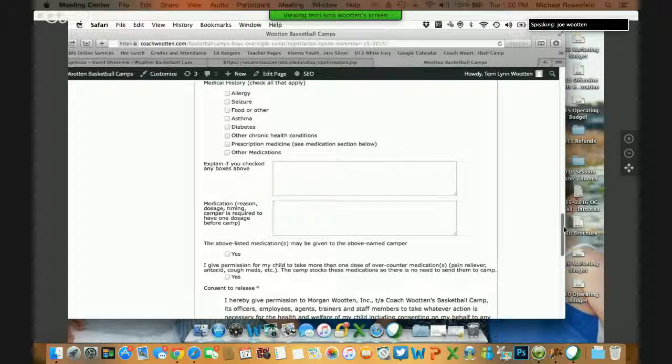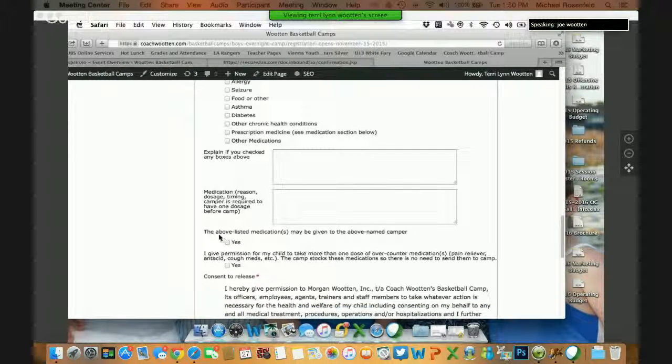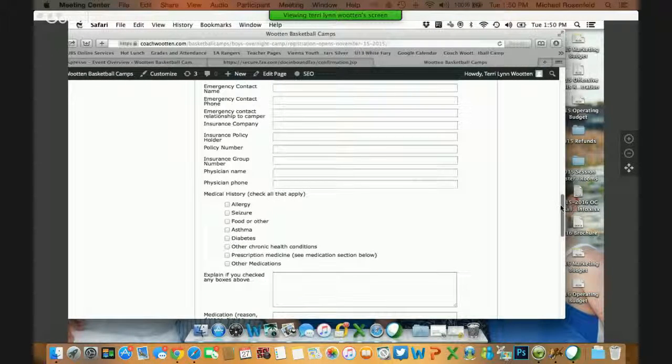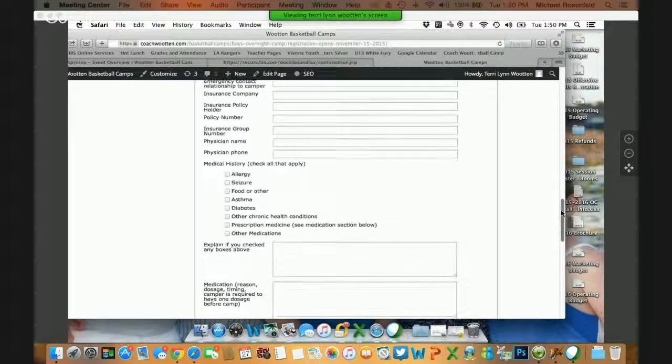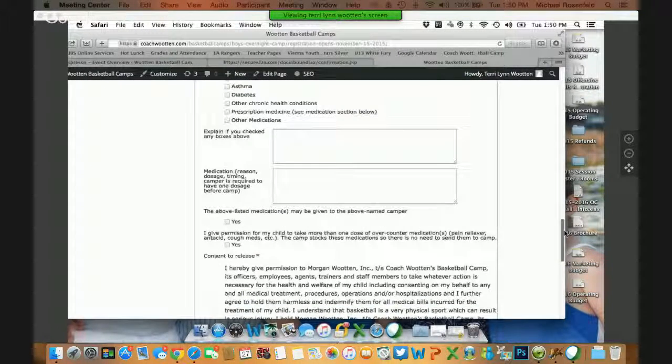The same with everything from the medical history check that applies. The consent to release should be required.